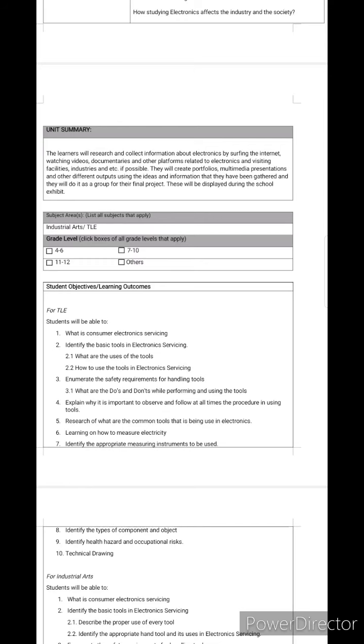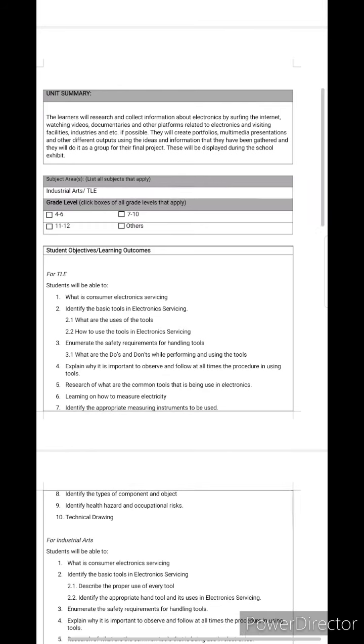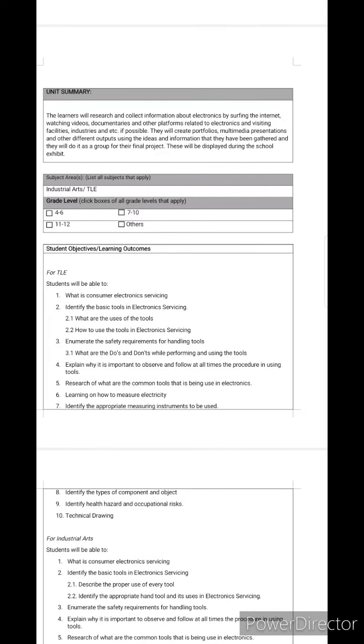will be able to: one, explain what consumer electronics servicing is and identify the basic tools in electronic servicing. Two, what are the uses of the tools and how to use the tools in electronics servicing. Three, enumerate the safety requirements for handling tools, including the do's and don'ts while performing and using the tools.